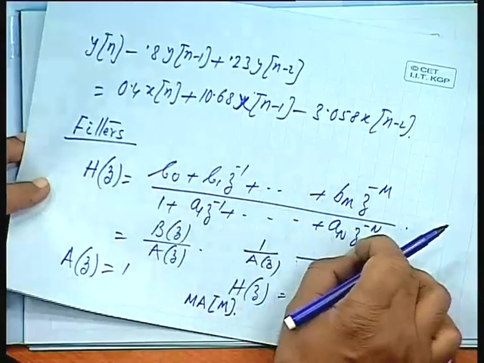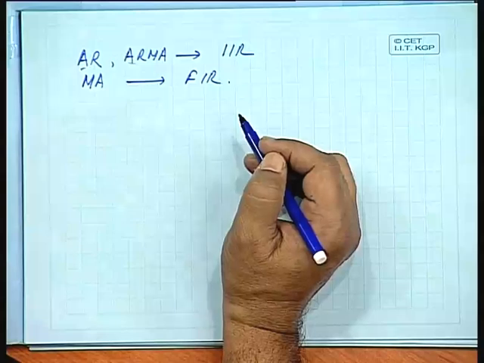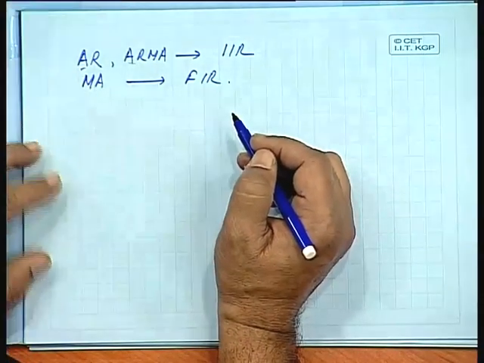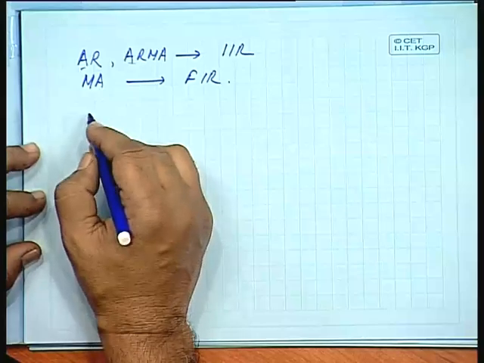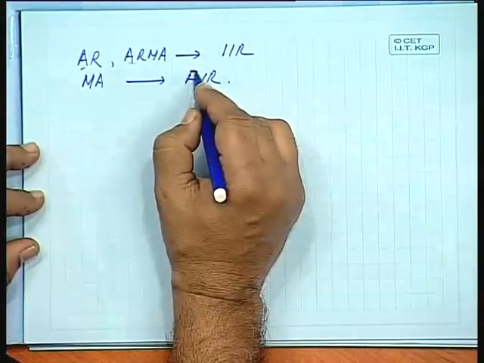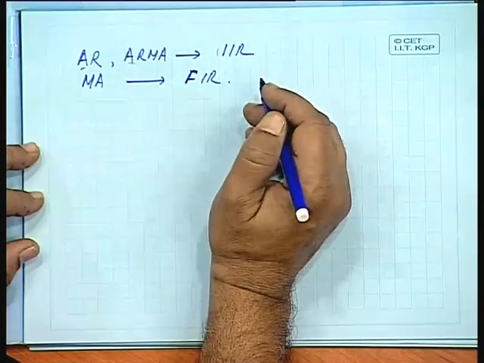Because of the presence of the denominator, there will always be an infinite sequence, and MA filters are known as FIR, only the numerator is present. Now, what are the advantages of this? That we will come to know very soon.